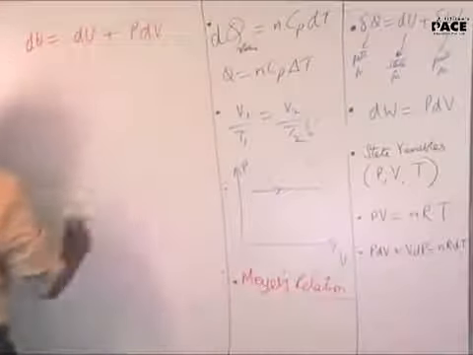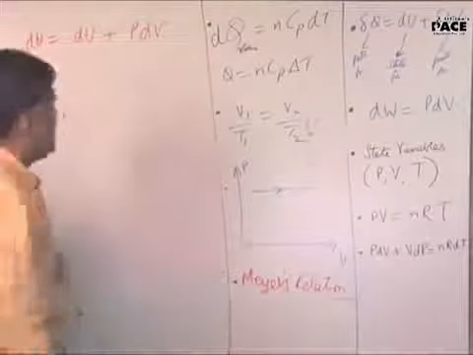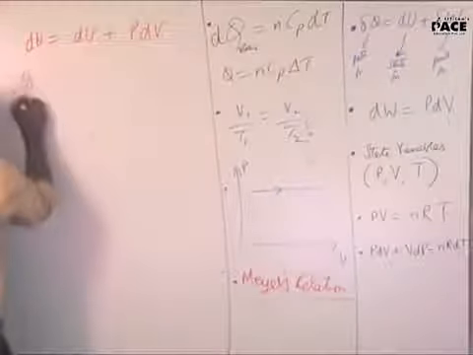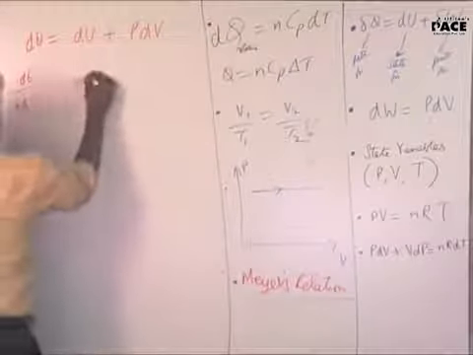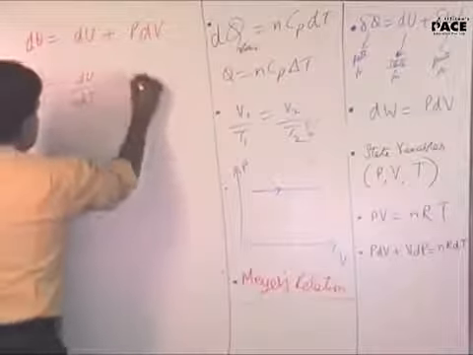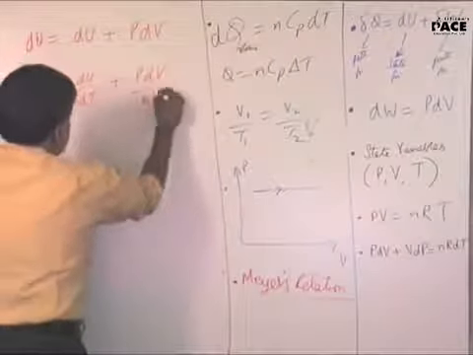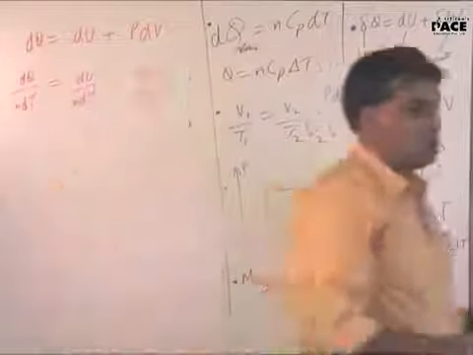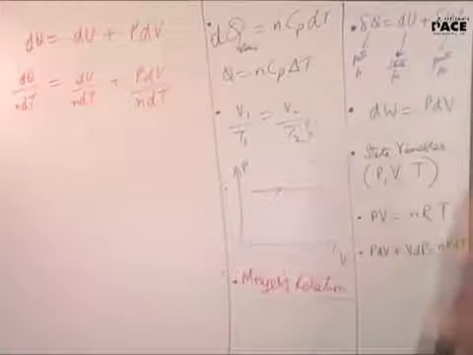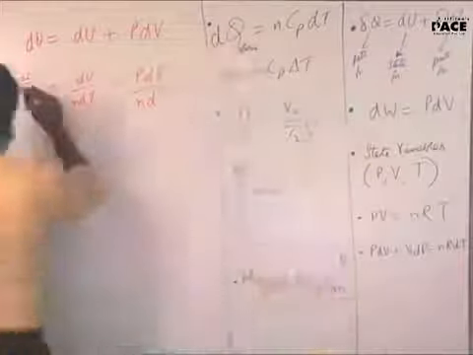This is your first law of thermodynamics. I divide throughout by n dT: dQ by n dT equals dU by n dT plus P dV by n dT. And let me say I'm talking about an isobaric process.